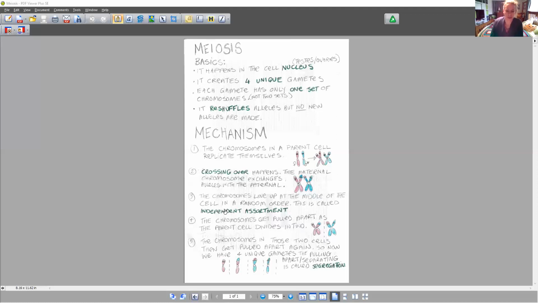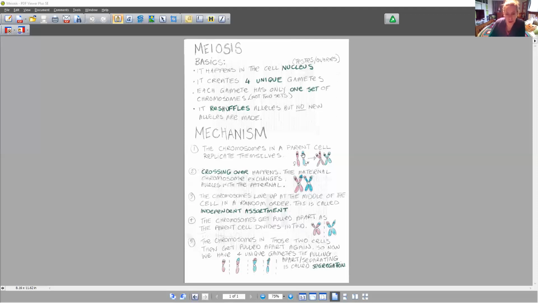Here's our homologous pair of chromosomes. This one was from our mother, and this one was from our father. I know they're homologous pairs because the centromeres are in the same place, they're the same size, and they've both got the same genes at the same loci.